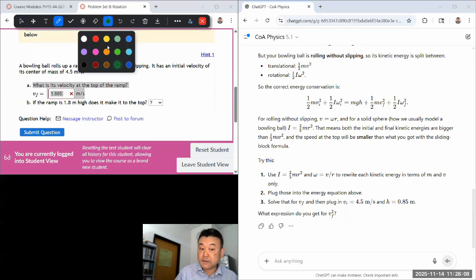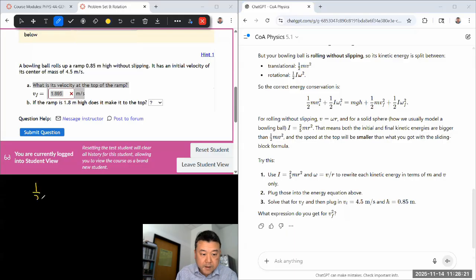And in the process, let me demonstrate one of the ways generative AI is useful. So I'm writing that equation. Let's rewrite this as 1/2 m v initial squared, and yeah, I'm gonna use this substitution. So this I can leave alone.